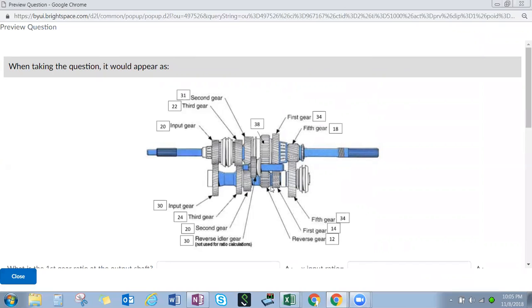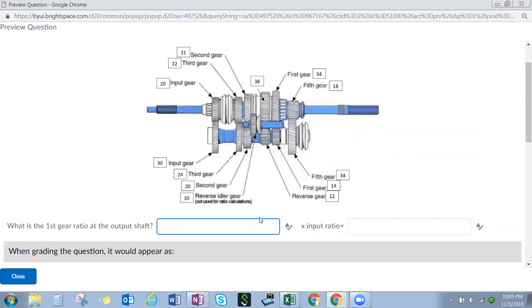When we're calculating the first gear ratio here, this gear is turning the top gear. So this gear is our drive gear. This gear is our driven gear. So we remember the formula, driven over drive. We take our 34 teeth divided by our 14 teeth, and we come up with a number we can put in the first box here.